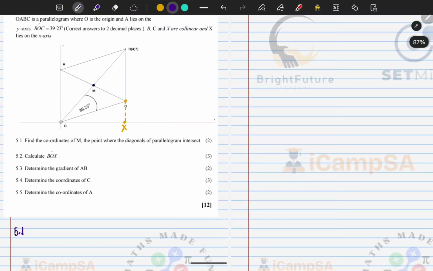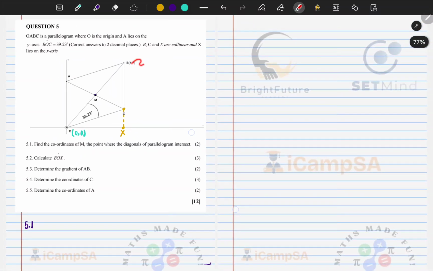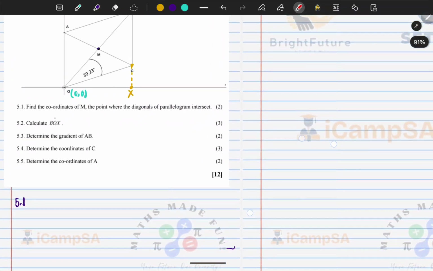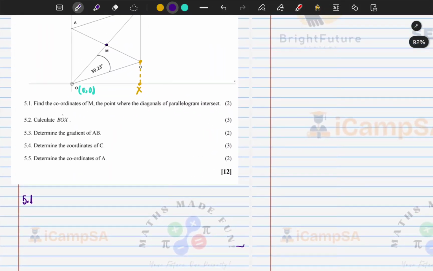O is the origin here, which means that O is going to be 0 paired with 0. So we are going to use B and O to find the midpoint, which is M. We are going to use the midpoint theorem to do that. So let's go ahead and do that.